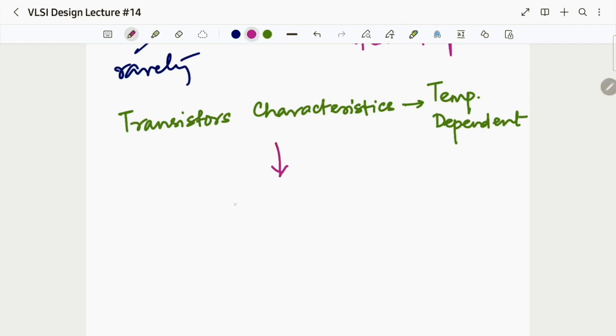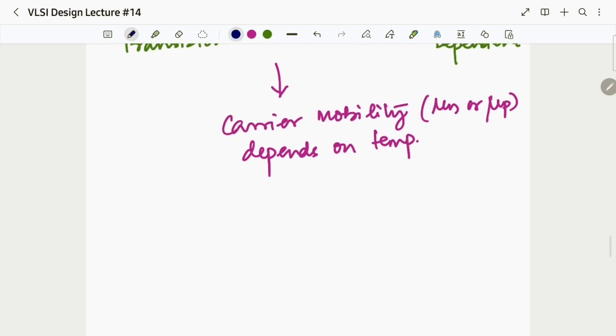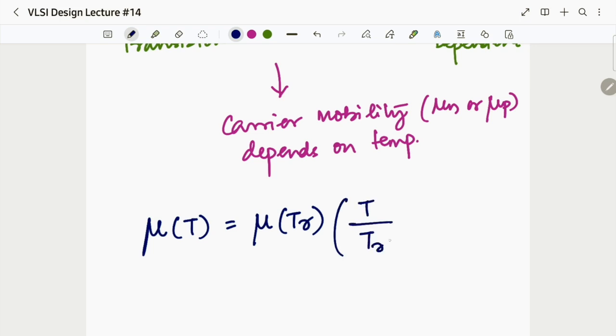This is because the carrier mobility, that is either mu n or mu p, depends on temperature. Okay, and what is that? That is mu of T equals mu of Tr multiplied by T upon Tr raised to the power of minus k mu.